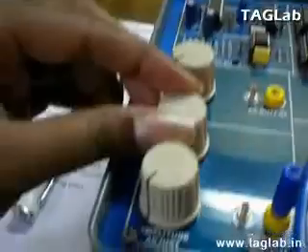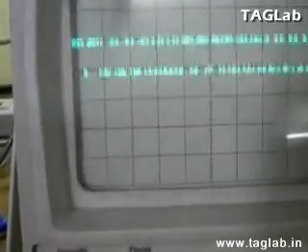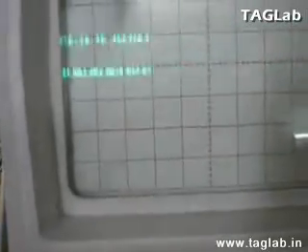When there are changes in the frequency knob, you could see the signal is changing in pulses. And when we change the amplitude adjustment knob of the input signal, still there is no change in the amplitude of the signal. You could see the modulation signal changes are being taken in the form of pulses.